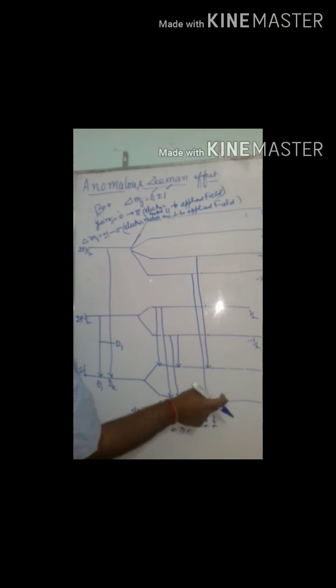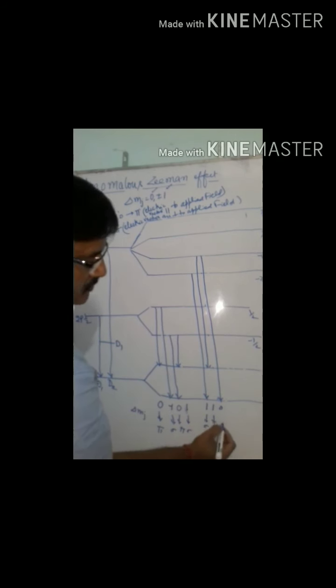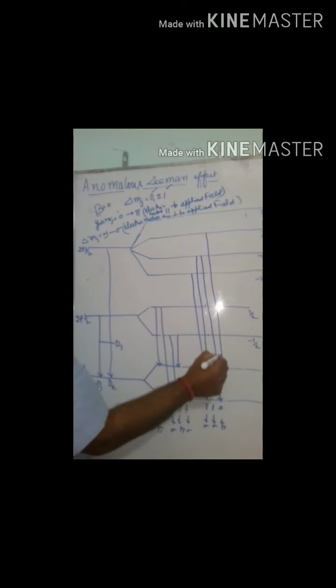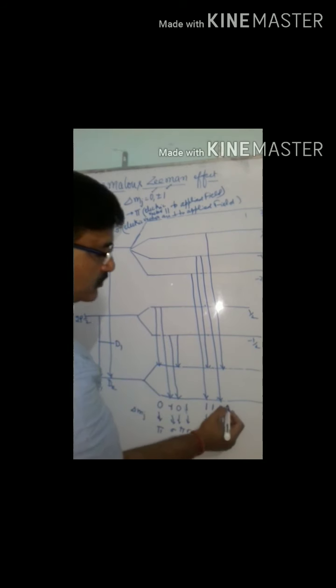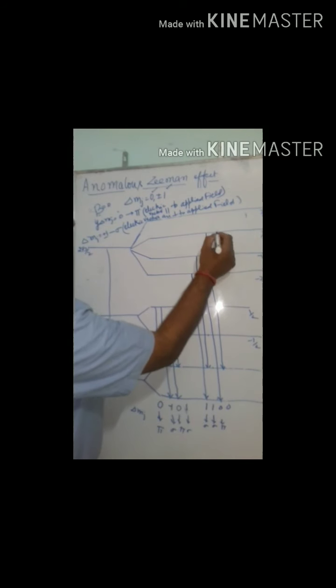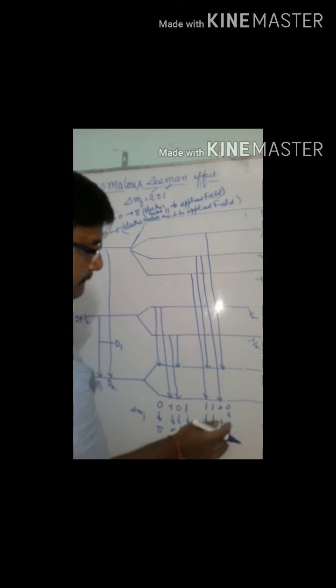From here to here, if I say from minus 1 by 2 to minus 1 by 2, this is 0, that is a pi component, right? Now comes this one. From here 1 by 2 to 1 by 2, again this is your 0. 1 by 2 to 1 by 2, 0. This is your pi component, right?